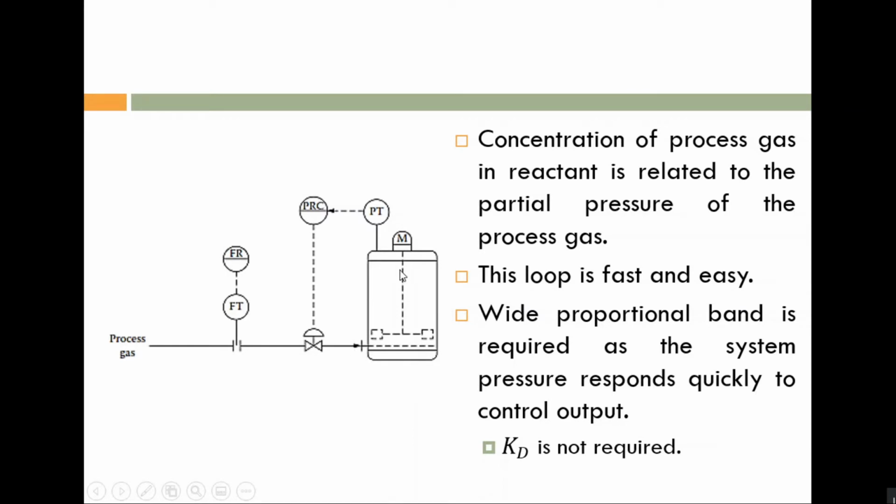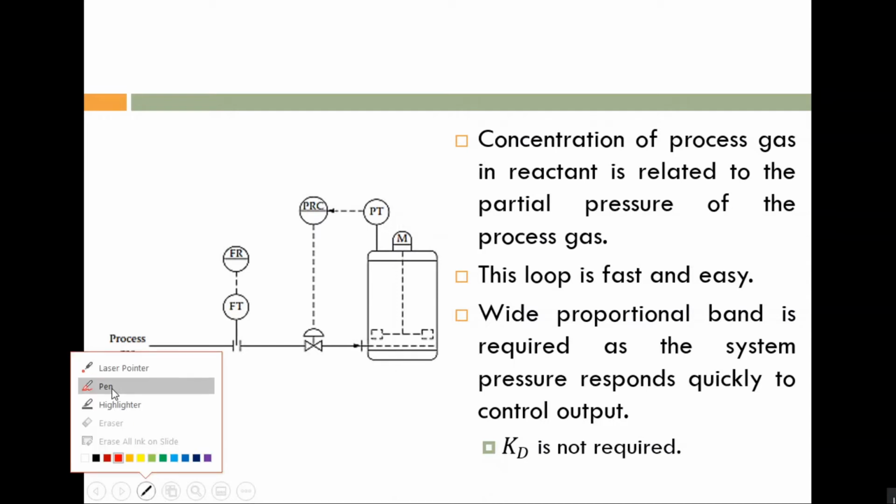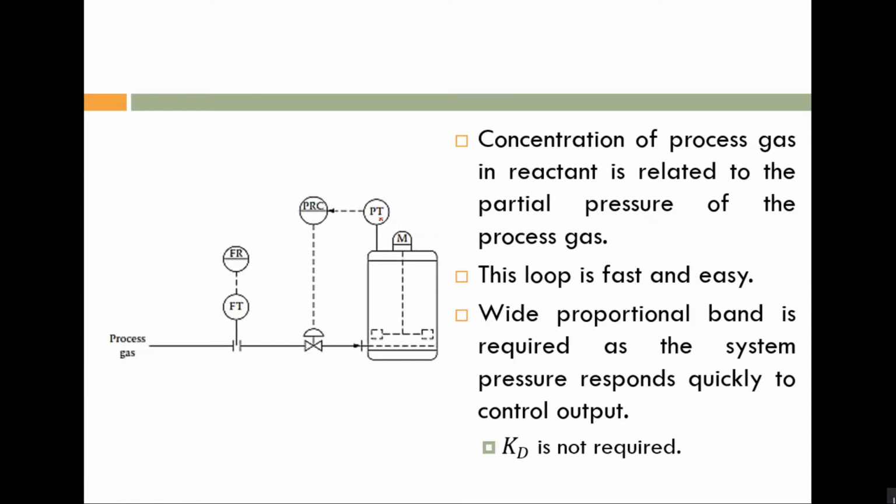Okay. Then here you can see what we are controlling. We are controlling pressure. So that pressure is measured. This one is the chemical reactor. If gas is inward, definitely a pressure will be there. So that pressure is measured, and by using that pressure measurement, the PRC is controlling the process gas.